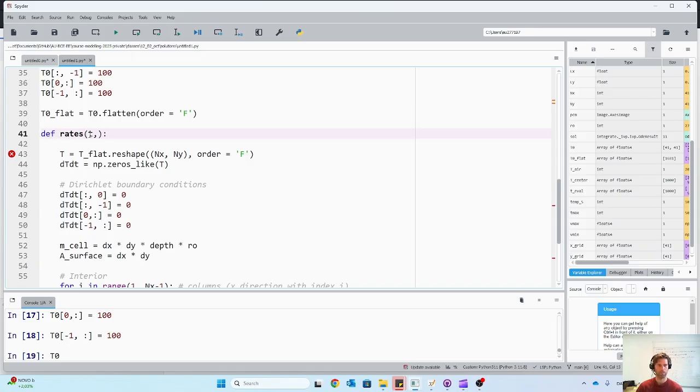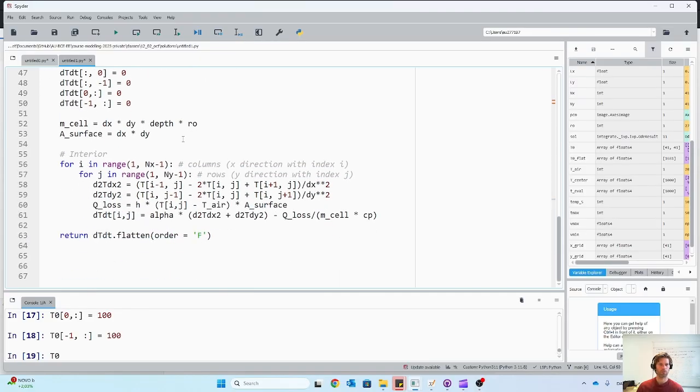So we need time, the temperature state variable in a flat version, h, the heat transfer coefficient, alpha, gr, dx, dy, depth, nx, and ny. That should be it. And these arguments we also need in our solve IVP. Just have them here.